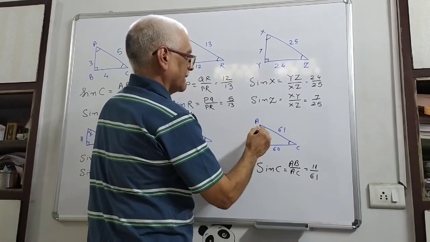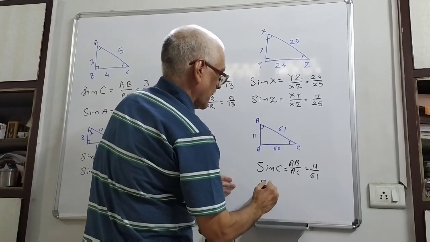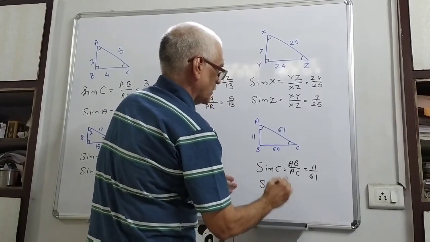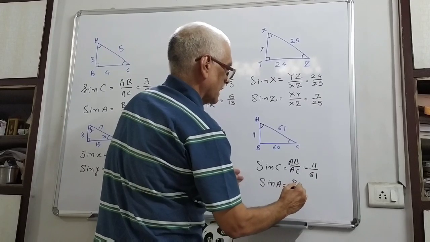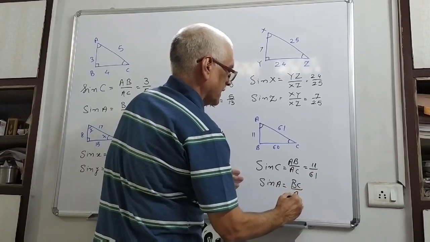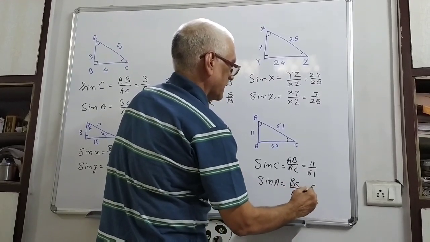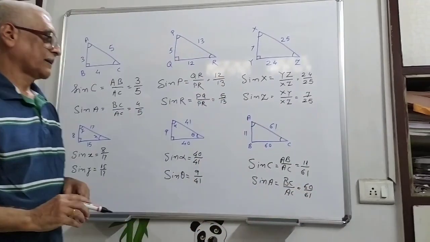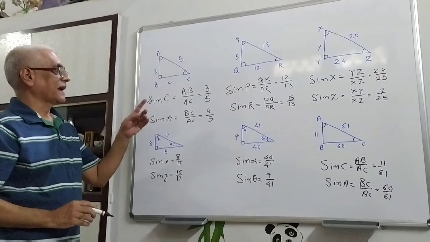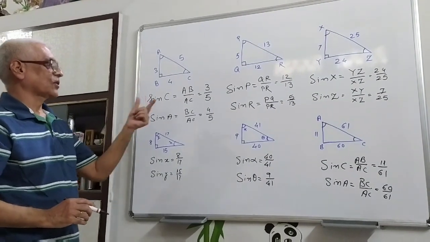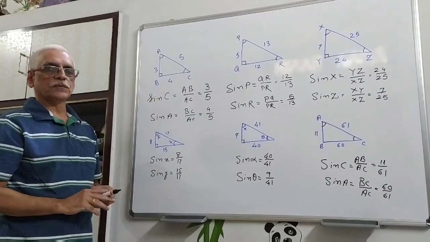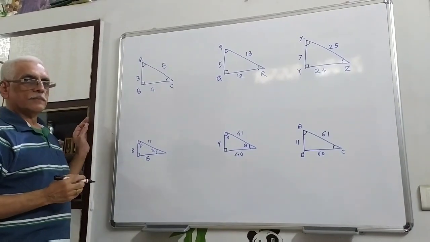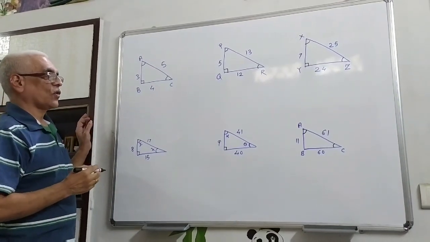And if you want sine of A, opposite to A is BC and hypotenuse is AC. So BC is 60 and hypotenuse is 61. Remember that sine of any angle is equal to the ratio of the length of the opposite side upon hypotenuse. We have seen the sine ratio of an angle.